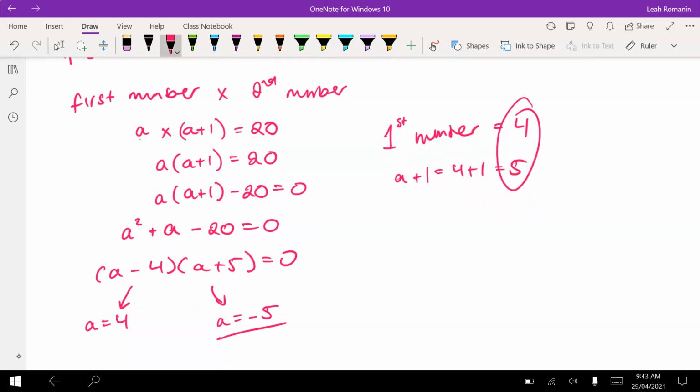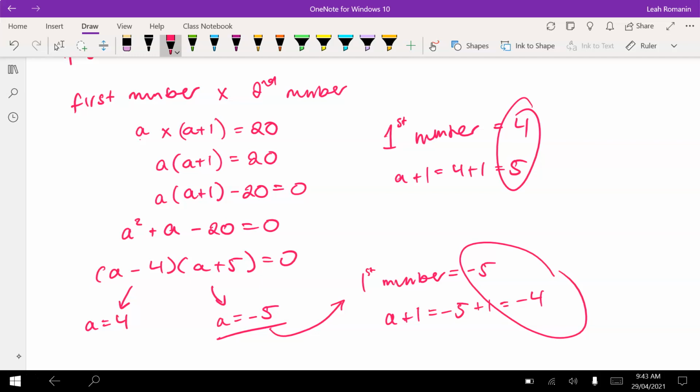Now I take my second scenario where my first number is equal to negative 5. And then I'm going to substitute it into my second number equation, A plus 1, where I get negative 5 plus 1 is equal to negative 4. So this is my second scenario where it's correct. So you have two scenarios.